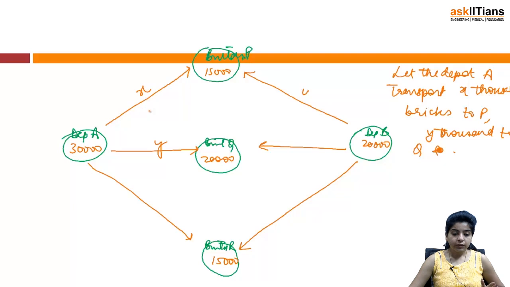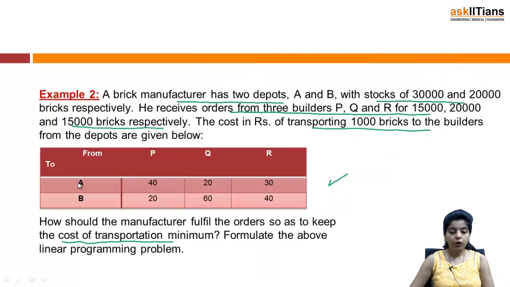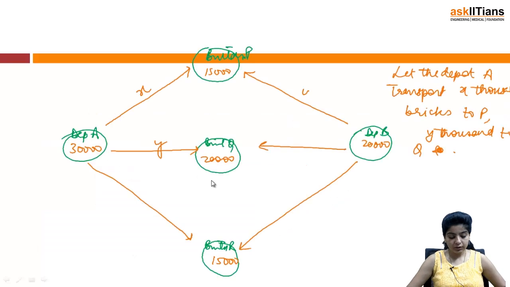Now further, the charges from A to P, Q and R are given to be 40, 20 and 30.